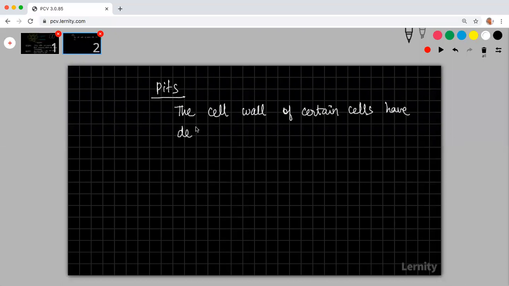The cell wall of certain cells will have deposits of lignin. This is also part of the cell wall only. And there is some unthickened area.